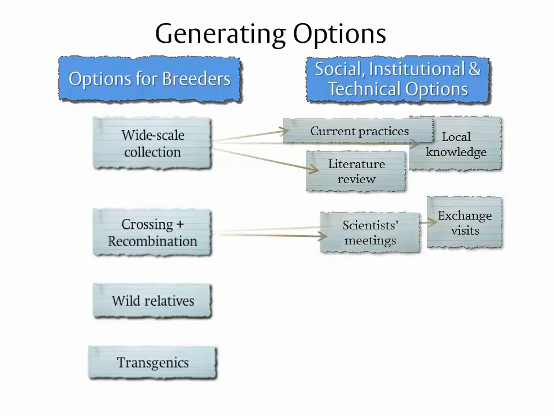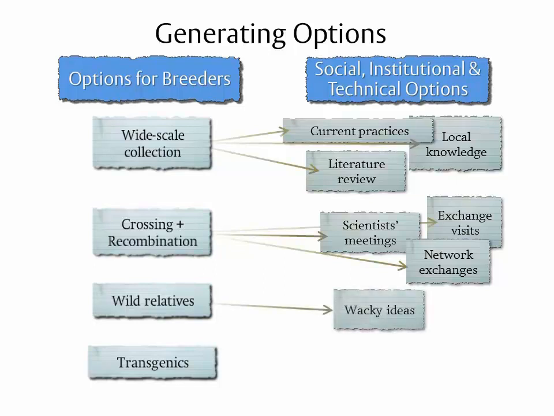And these days, there are many ways in which scientists are able to exchange ideas other than having a meeting through various networks. I'm not sure quite what the parallel of the wild relatives is, but I do know of examples where including some seemingly wacky ideas in a research has actually led to some very important outcomes.